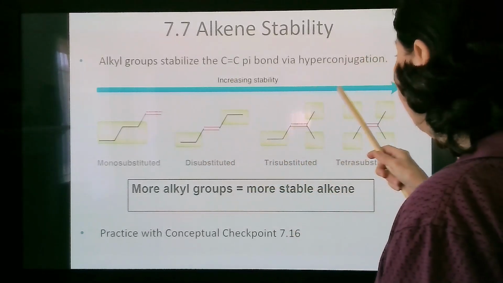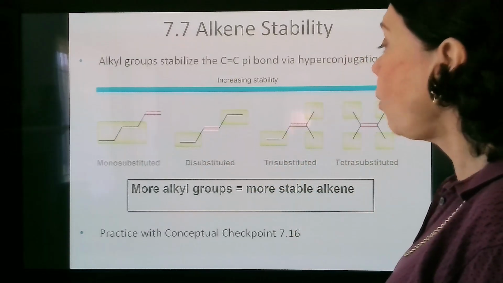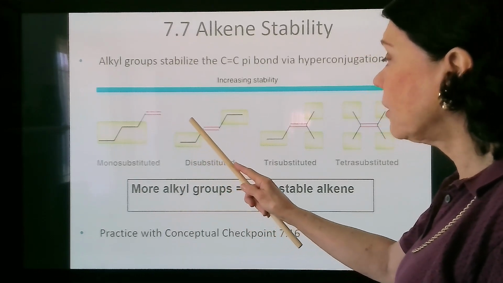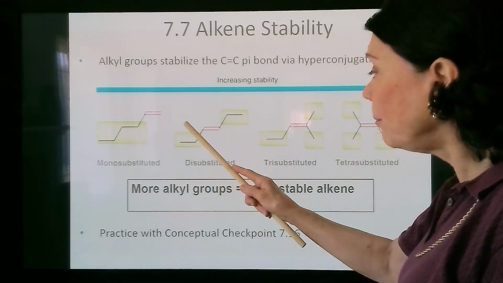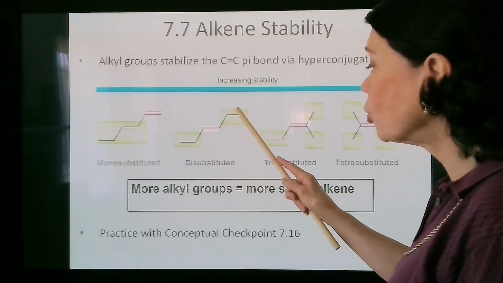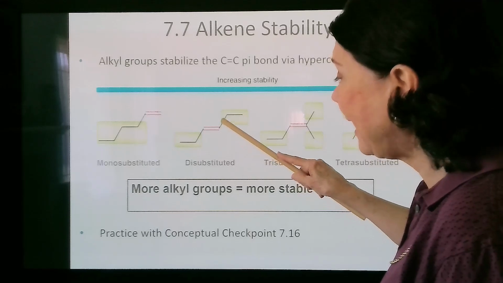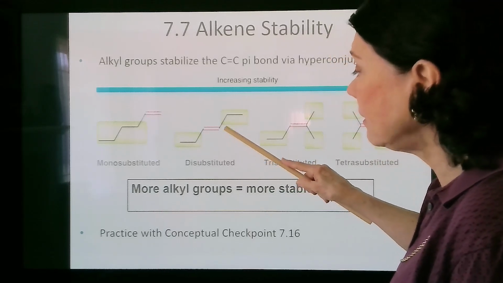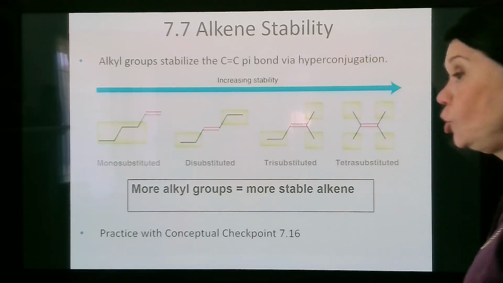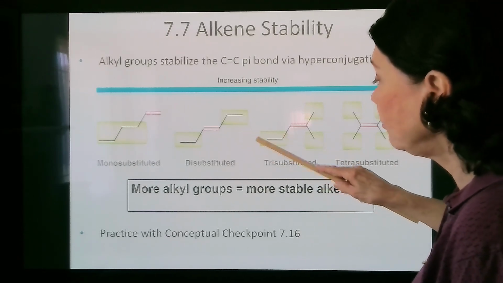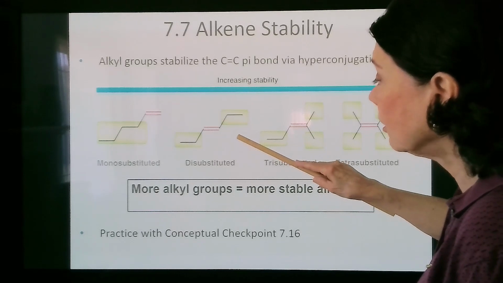This is in the direction of increasing stability. So where is cis? Cis is right in here, because cis is just a little bit less stable than trans. And if you had both of these substituents on the same end of the double bond, that would be gem substitution. So if you had the double bond and then both substituents coming off the same end, it occurs here.